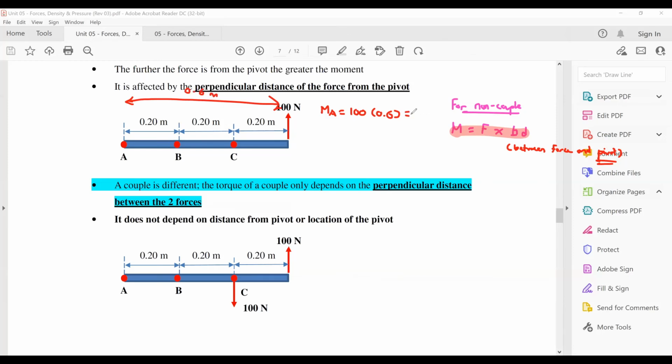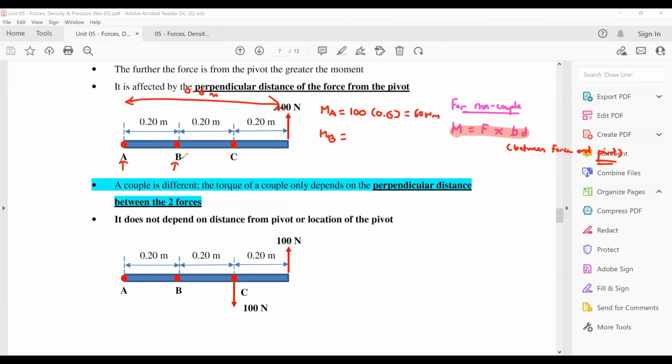So this one I get 60 Newton meter. This was taking moments about point A: the force 100 Newton, the perpendicular distance 0.6, I get 60 Newton meter.